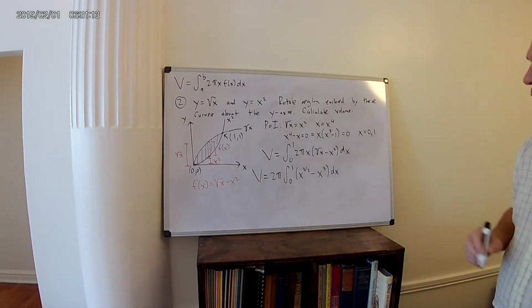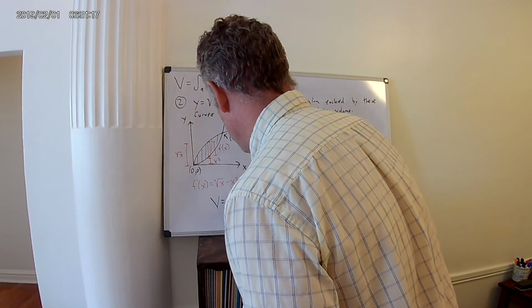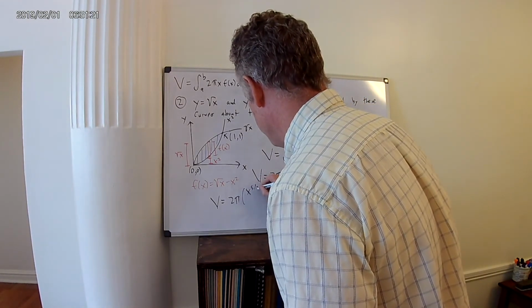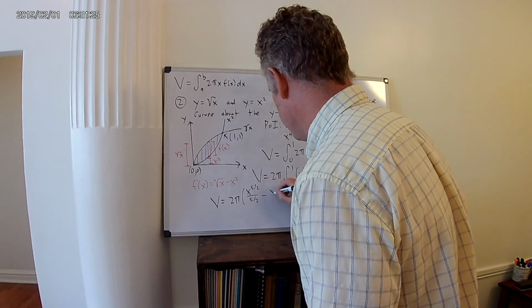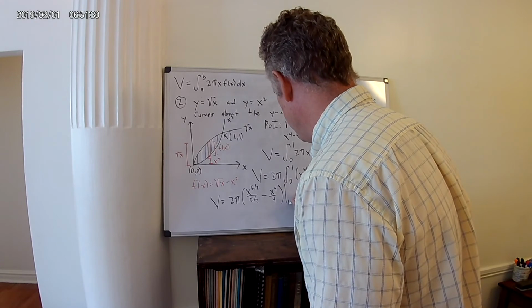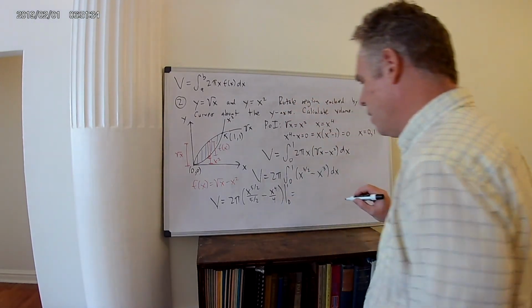And now this is a straightforward integral. I'm going to perform it. So the volume equals 2 pi times x to the 5/2 over 5/2 minus x to the 4th over 4, evaluated from 0 to 1. I'm just going to clean this up a bit.